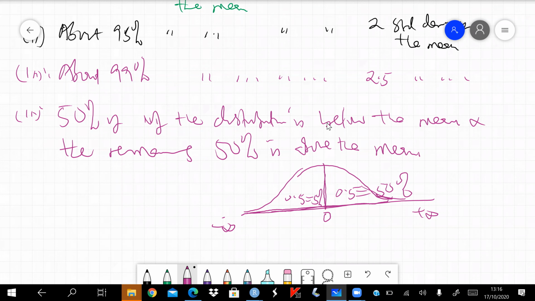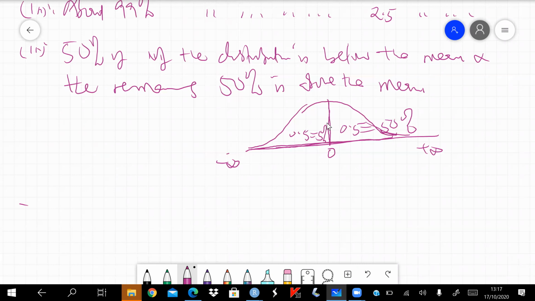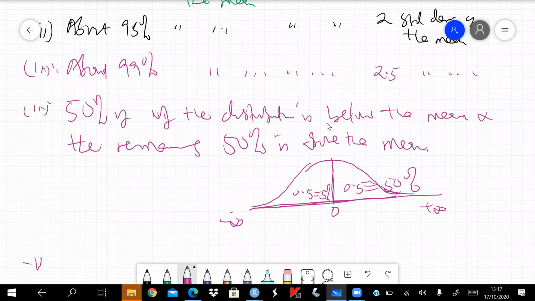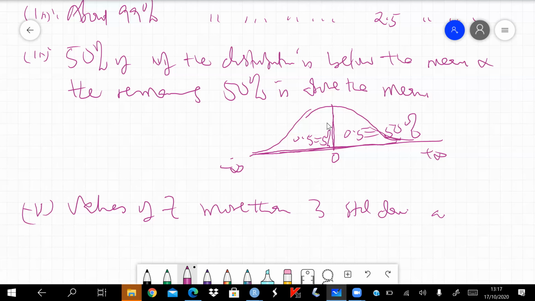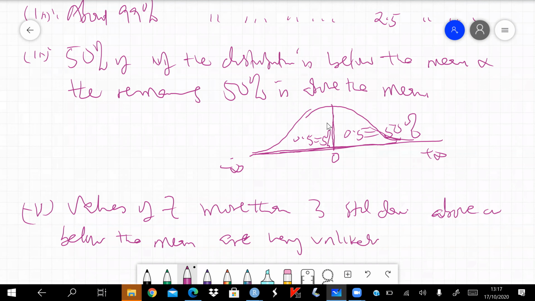So let's note that number 5 is that values of Z more than 3 standard deviations above or below the mean are very unlikely to occur.